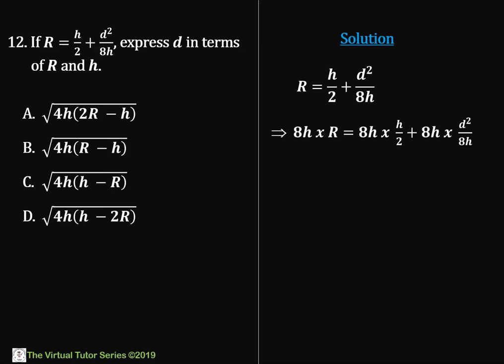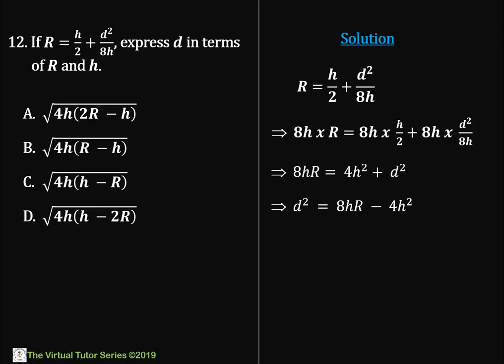So our equation now becomes 8hR is equal to 4h squared plus d squared. Let's now subtract 4h squared from both sides of the equation. That is, d squared is equal to 8hR minus 4h squared. Now, we get rid of the square by finding the square root of both sides of the equation.